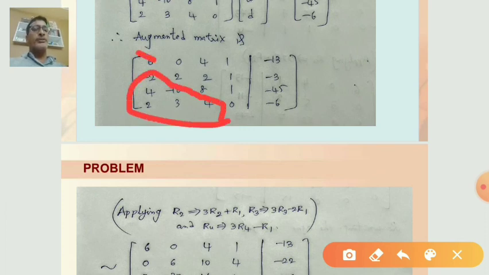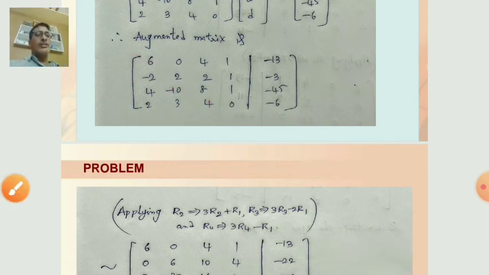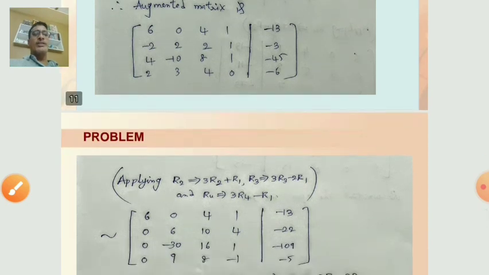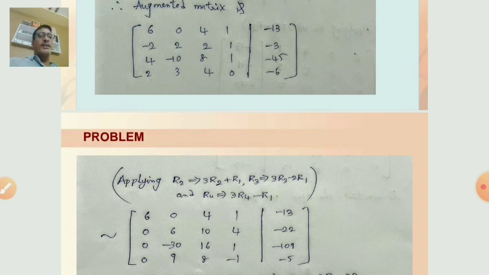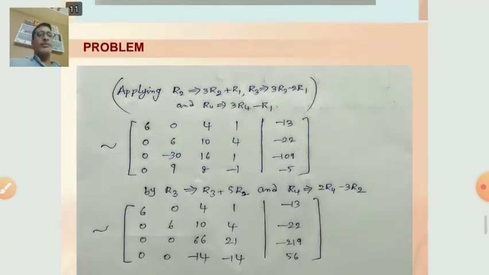This is the principal diagonal. All the elements below the principal diagonal are 0. Then the matrix is called an upper triangular matrix. So in this case, we have to change the augmented matrix into an upper triangular matrix by applying required row transformations.